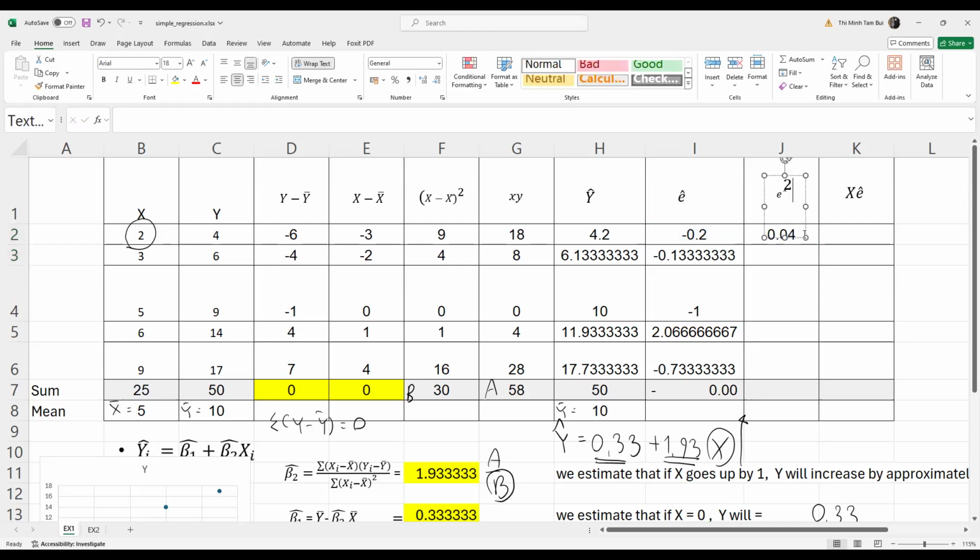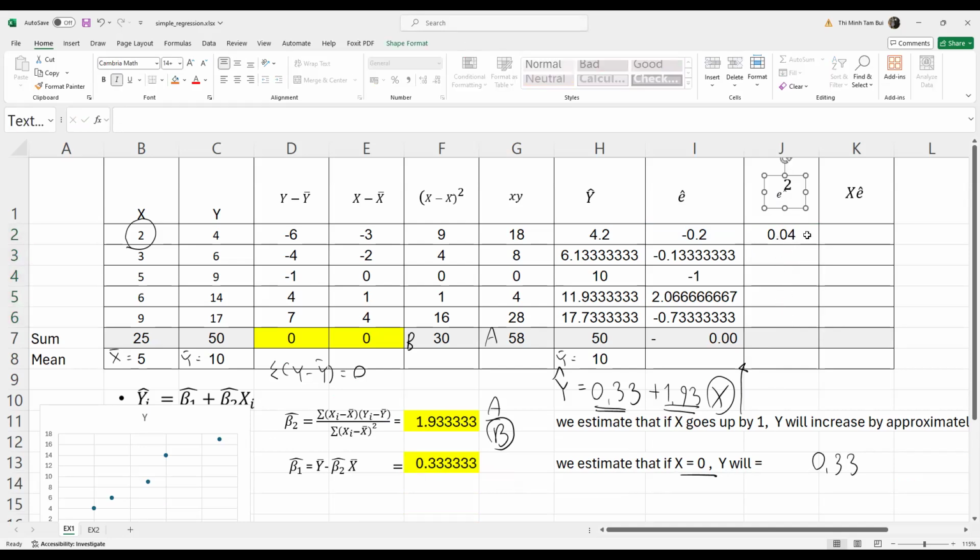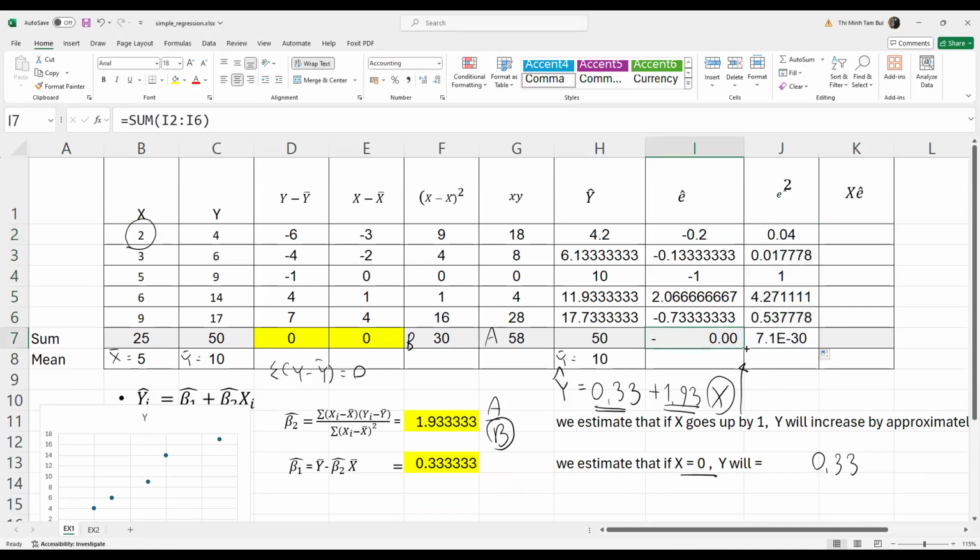After you square them all, please sum them. So this is error hat square.